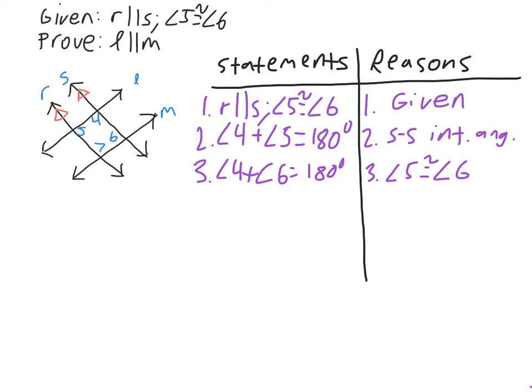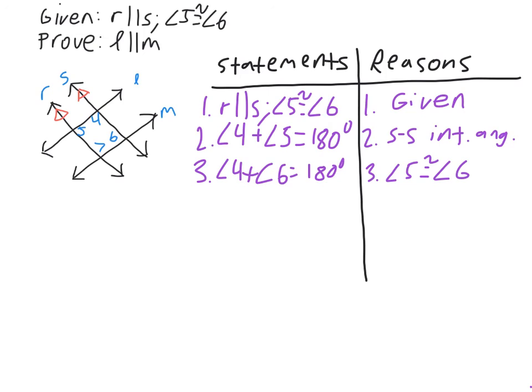So they are same side interior angles. And we know from the theorem I brought up before that if same side interior angles are supplementary, then the two lines are parallel. So, we just proved those two lines are parallel.